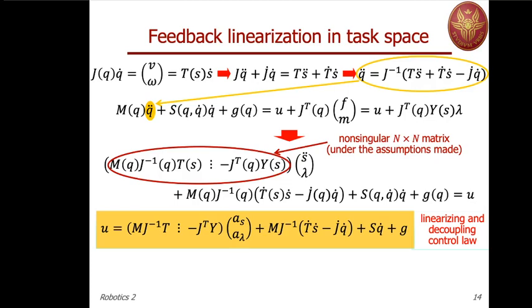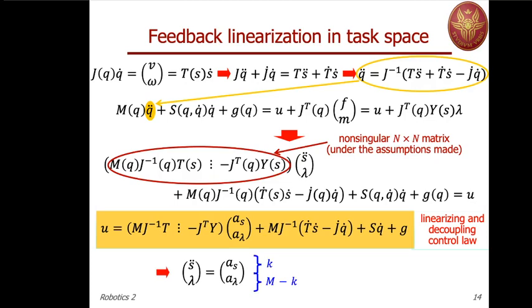So the same hybrid inertia matrix in the task space times the new inputs A S and A lambda, and then all the remaining terms that are being cancelled. Of course, you need to know the good dynamic model of the system in this case. And this is the standard assumption that we make for feedback linearization.